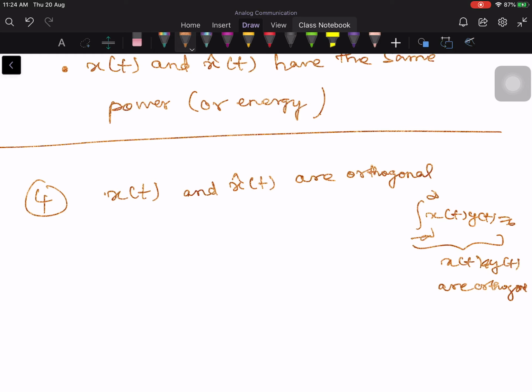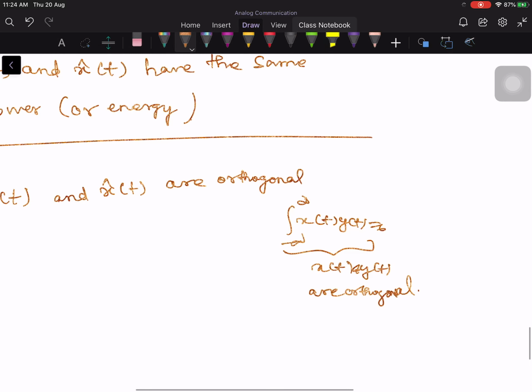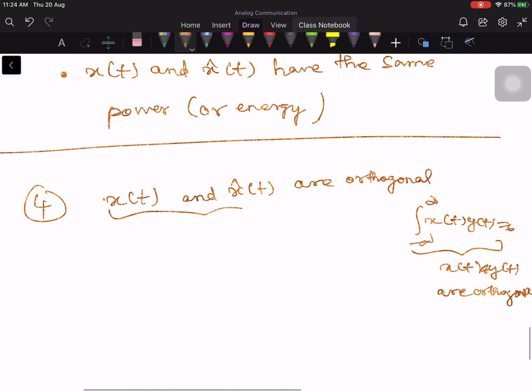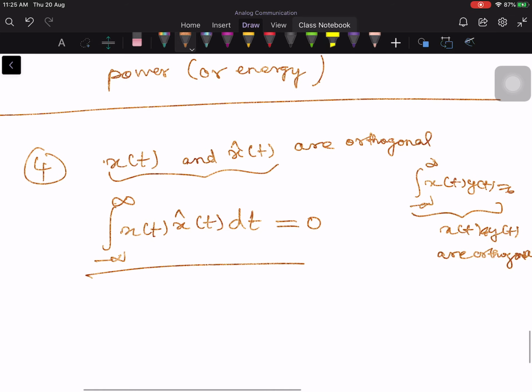This is an important property. So similarly, let us say x of t and x hat of t are orthogonal. Then x of t multiplied by x hat of t and integrated over minus infinity to plus infinity should be 0. Okay, so this is a property that we should remember.